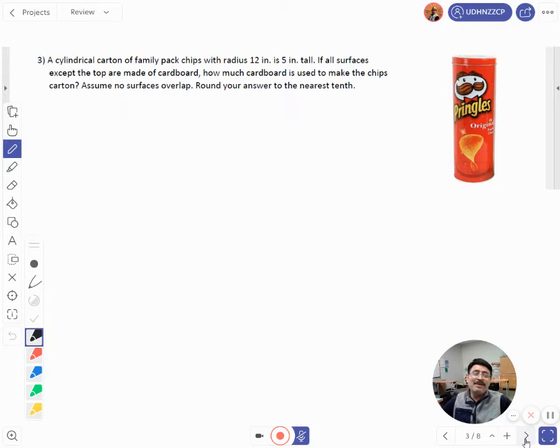Wow, Pringles, my favorite chips. A cylindrical carton of family pack chips with a radius of 12 inches is 5 inches tall. Please remember these numbers are not really correct, just some numbers I typed randomly. So, a cylindrical carton of family pack chips with a radius of 12 inches.